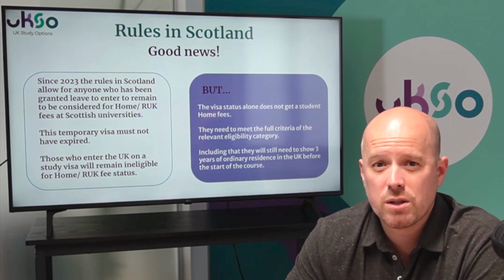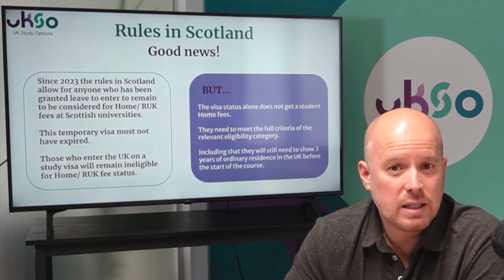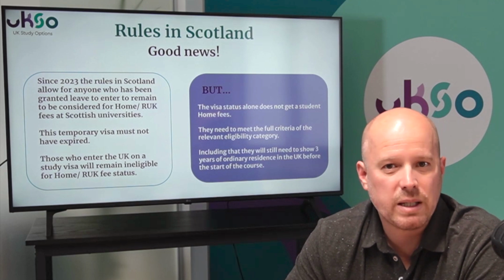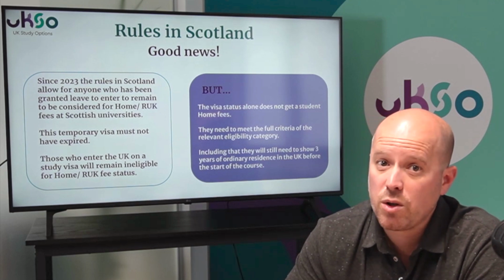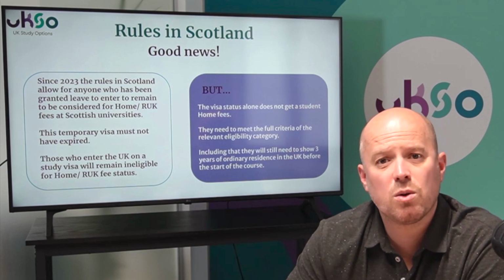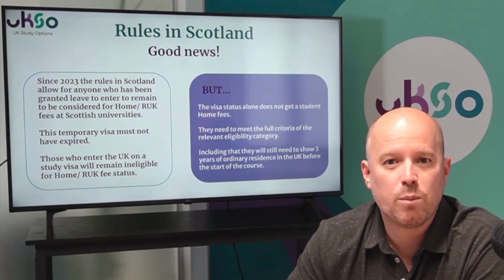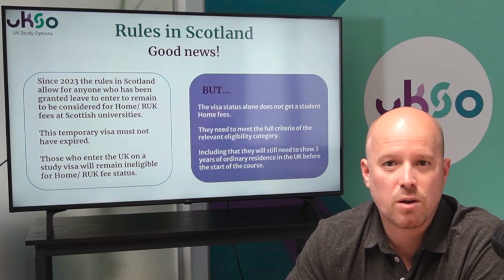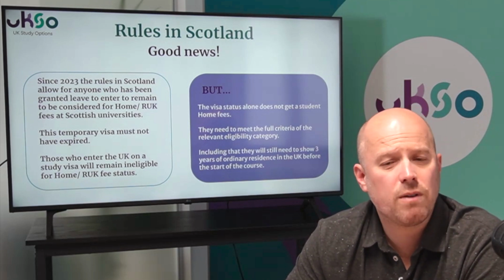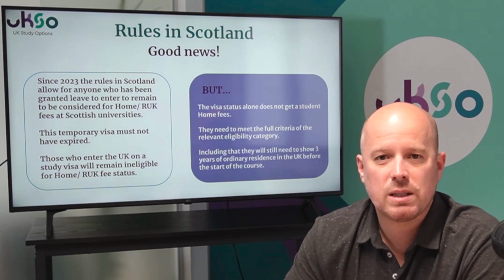It is possible for people to be ordinarily resident in the UK despite living temporarily outside of the UK. So it's possible you could still be eligible, and there are specific provisions to allow for cases where you need to be outside of the UK temporarily for employment. So if your job means you need to leave the UK temporarily, it should not affect your eligibility for home fees. But that's important to keep in mind.